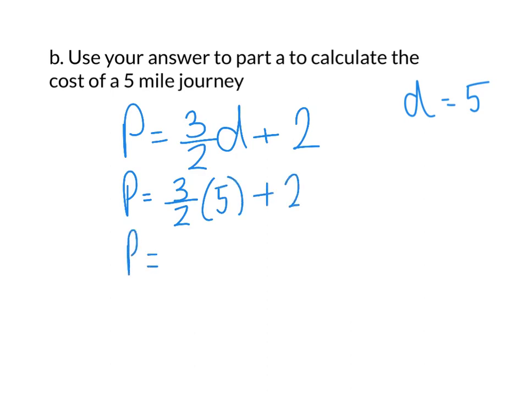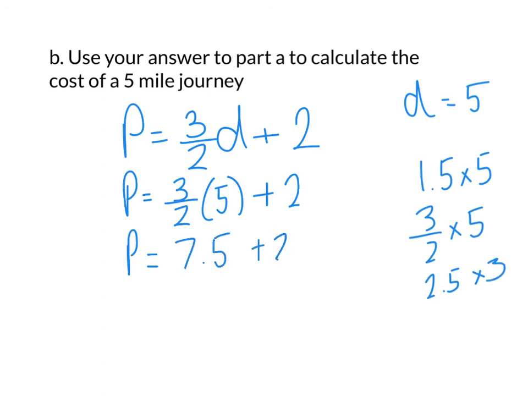Now 3 over 2 times 5, if it helps, you could think of that as 1.5 times 5. Or you could do 3 over 2 times 5, good old divide by the bottom, times by the top, leaves us with 2.5 times 3, which is 7.5, plus 2. So our price here would have been 9.5.